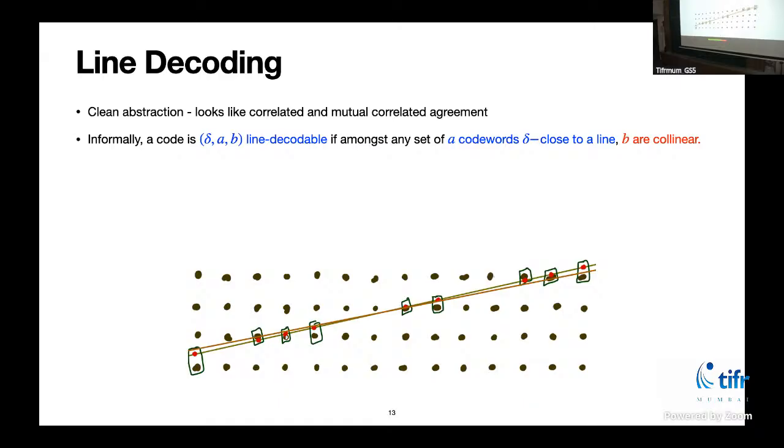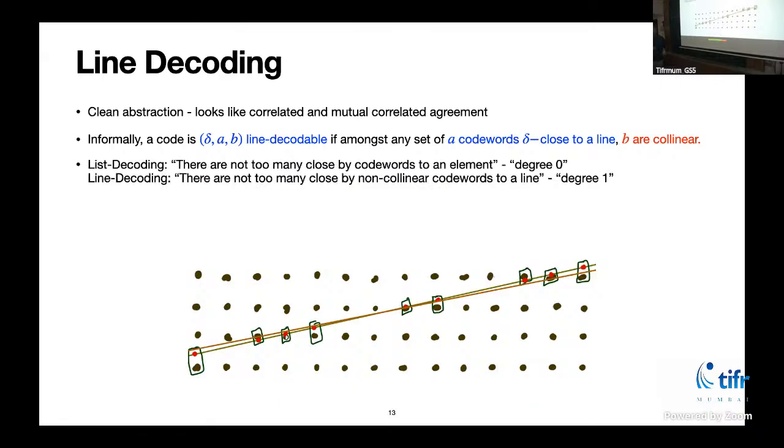So I want to say collinearity is a natural notion if you go from degree 0, which is a point, to a line, instead of equality. List decoding says there are not too many close by code words to an element, which is some sort of degree 0 constraint. Line decoding says there are not too many close by non-collinear code words to a line, some sort of degree 1 constraint.